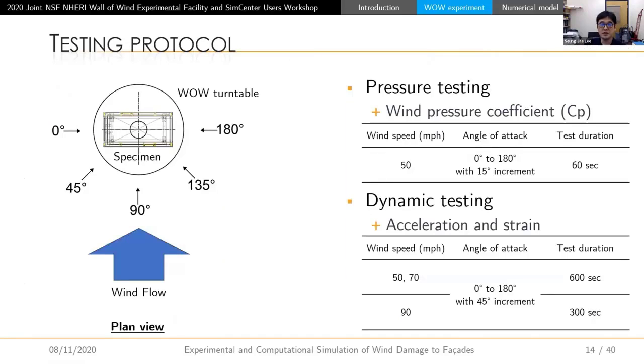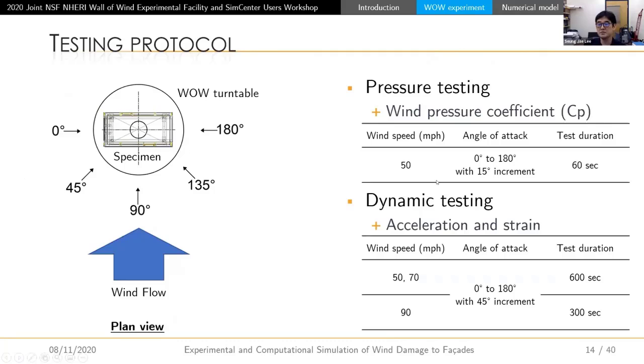The specimen is located on the Wall of Wind turntable, and we measured the pressure coefficient CP and also dynamic responses while we rotated the turntable to see the directional effect of the wind flow. Here, 90 degrees indicates the wind flow that is normal to the glass panel.